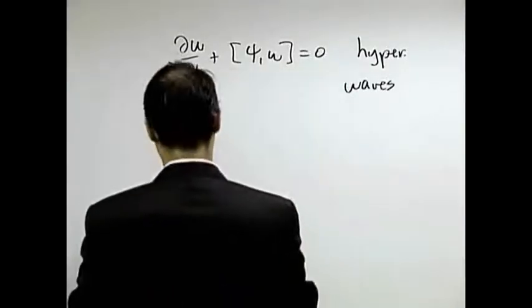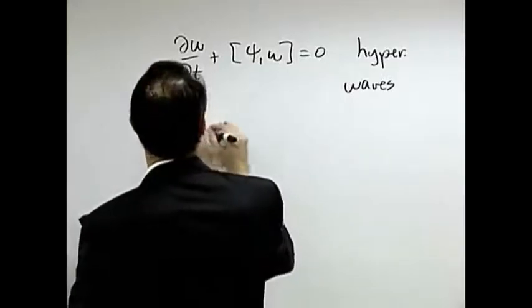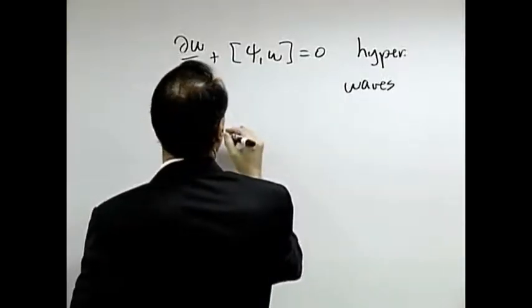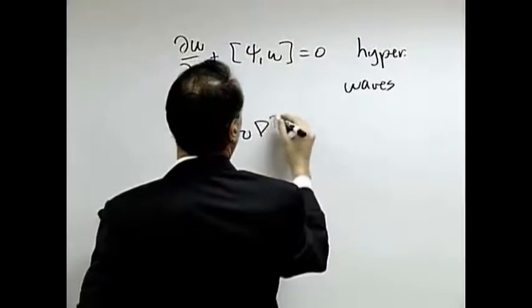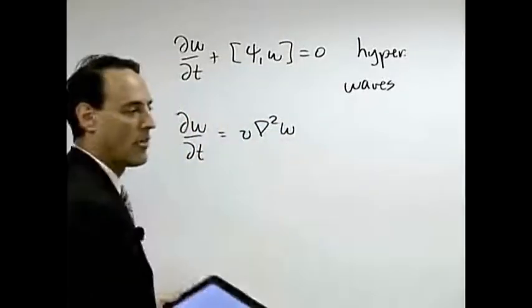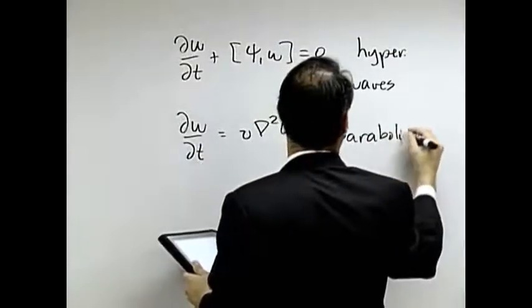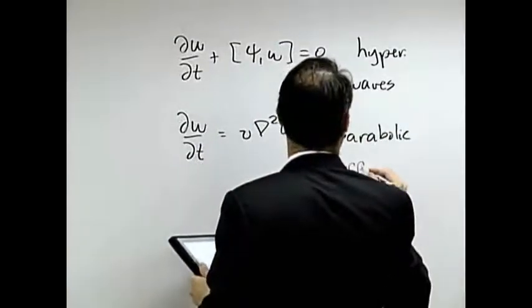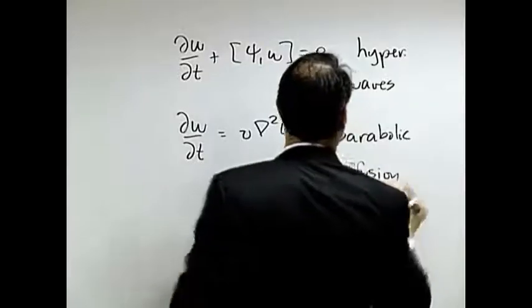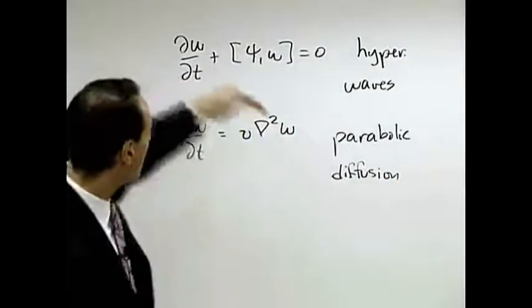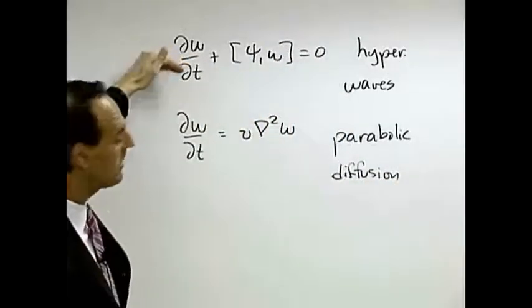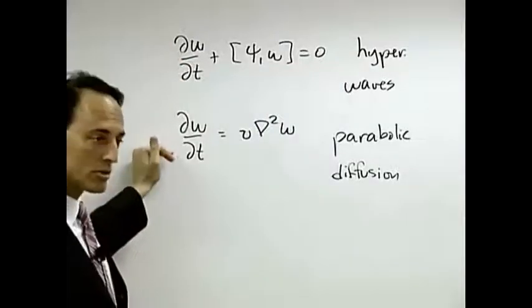You also have in this problem this piece. This is called the parabolic equation, and this is diffusion processes. Oftentimes, the strategy you'd use to solve a wave problem is very different than what you'd use for a diffusion problem.